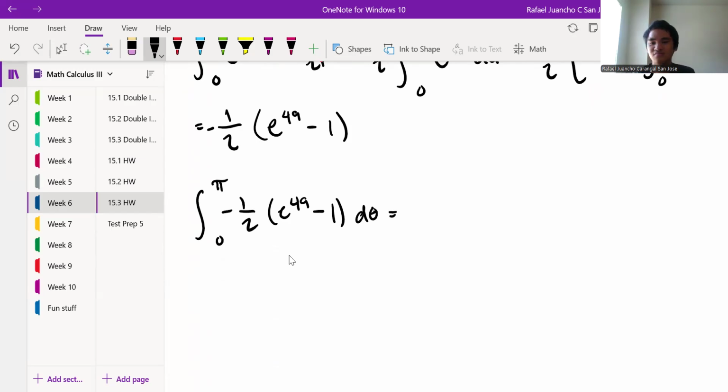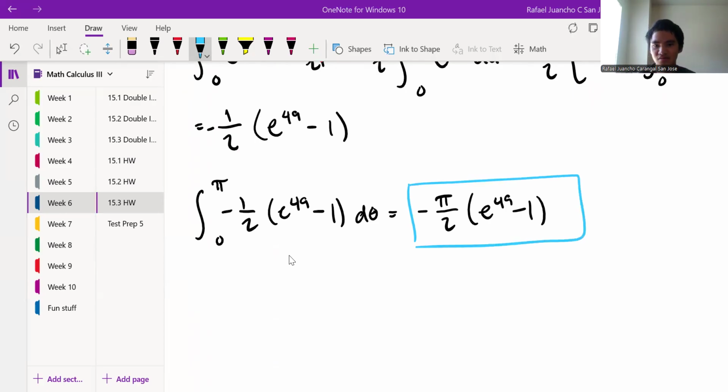This thing times pi, that's it. So it's really just negative pi of this thing. I don't know how you want to put it, but that's how I'm going to put it. And that's it.